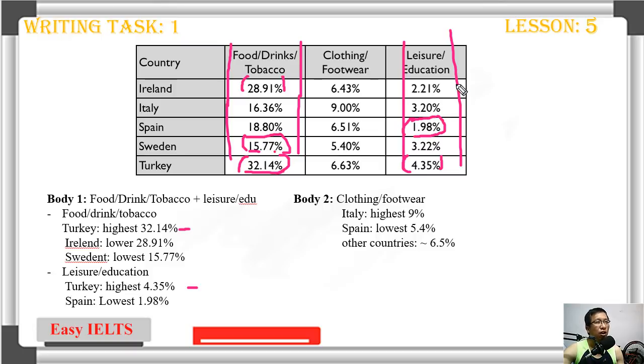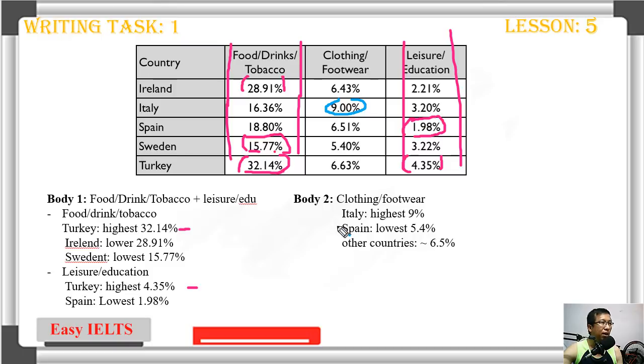You don't need to talk about Ireland, Italy, or Sweden here, because as I said, in IELTS writing task 1, you don't have to write about everything on the graphs or on the table. Okay, so for body 2, we pick up the highest number, which is in Italy. The lowest number is in Sweden.